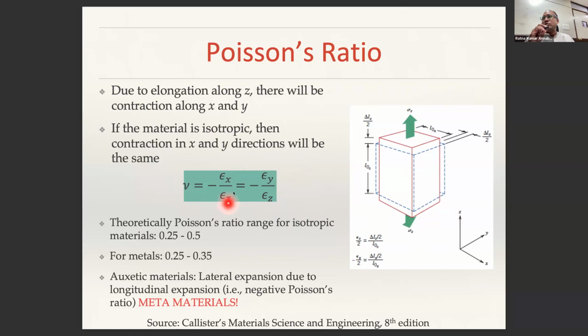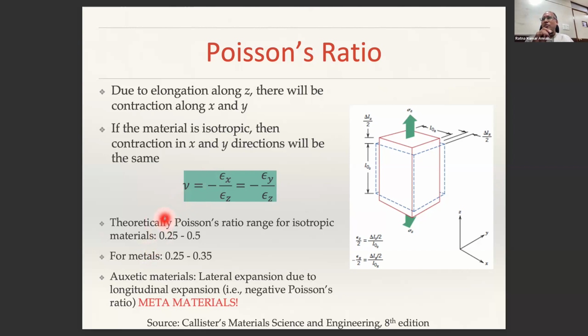If epsilon z is negative, then epsilon x will be positive. As a result, epsilon x by epsilon z will always be negative. That negative number multiplied with a negative symbol will always be positive. So Poisson's ratio is defined this way, minus lateral strain by longitudinal strain, in order to report it as a positive number.